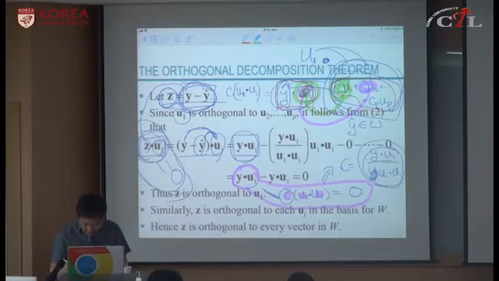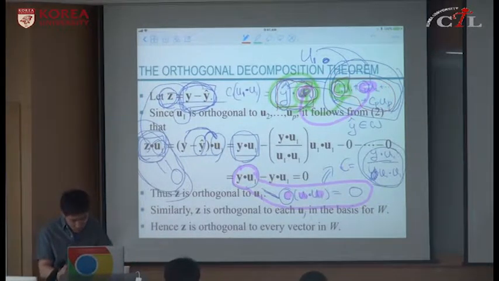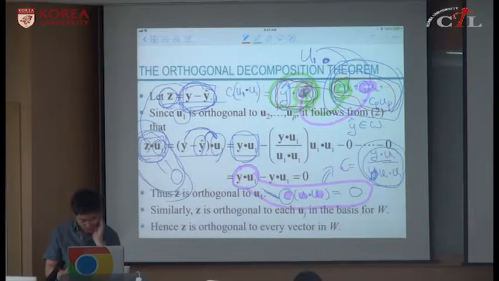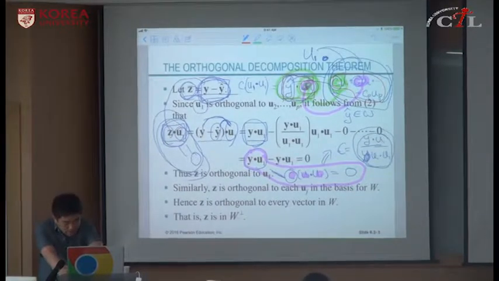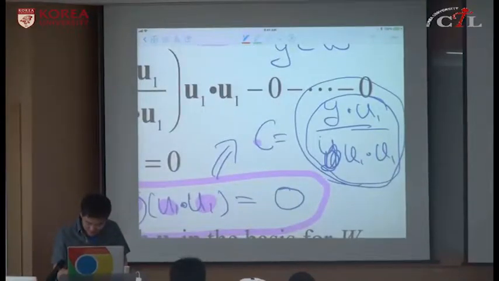And that should be y hat dot u1. So this guy should be y hat, right? I think I made a mistake over here.